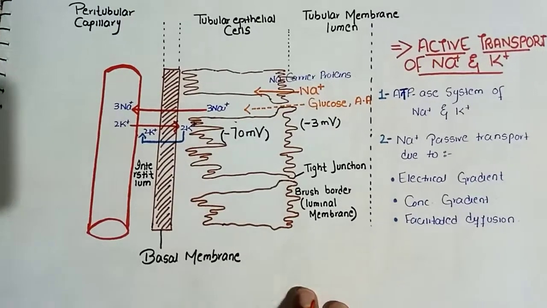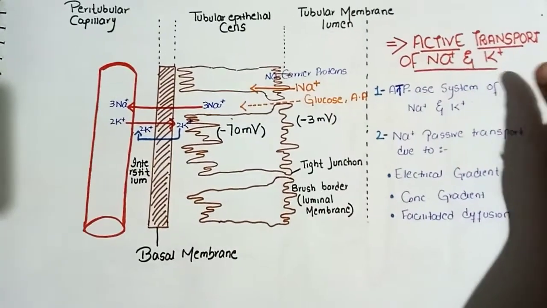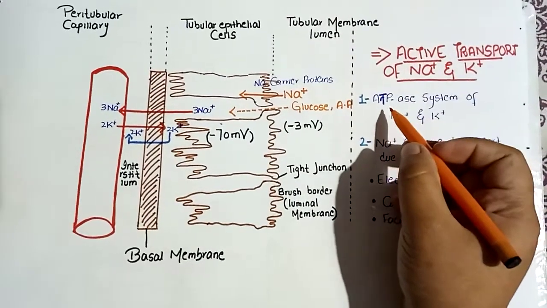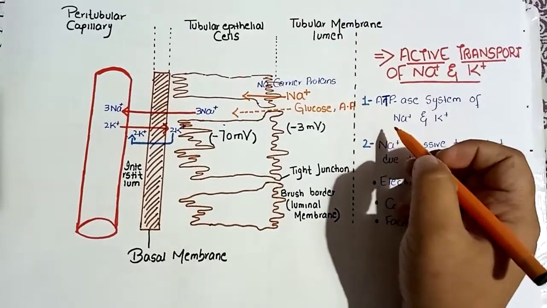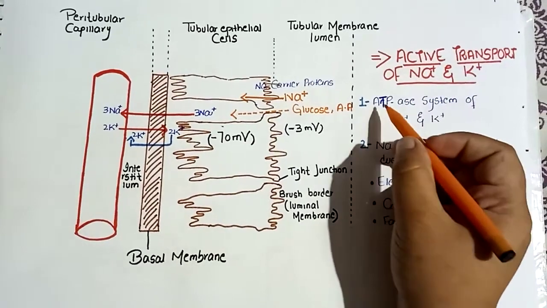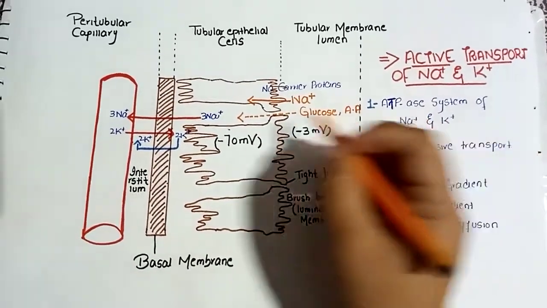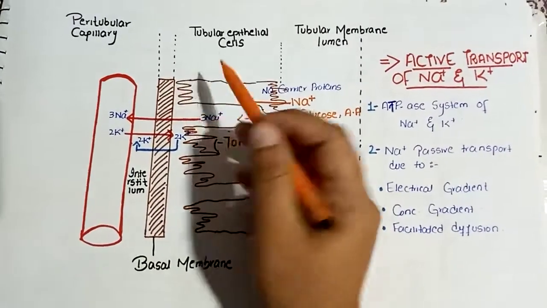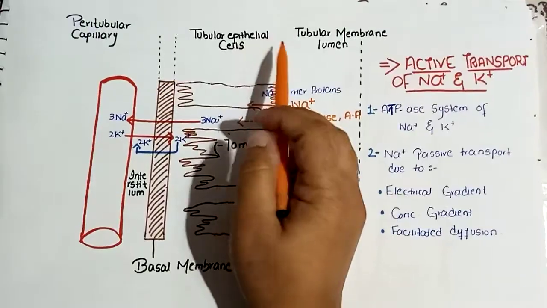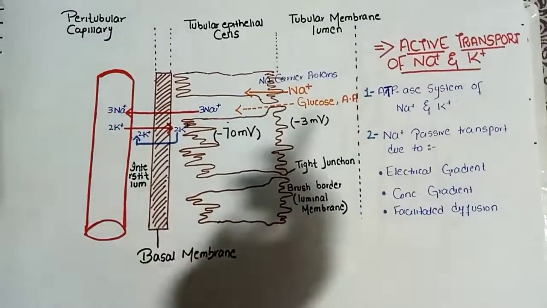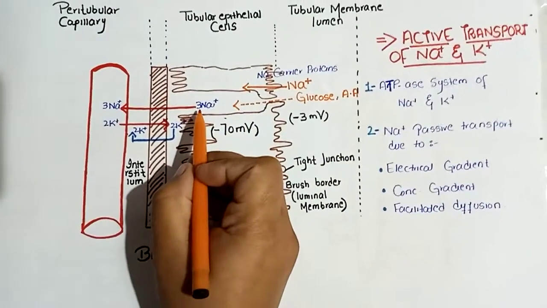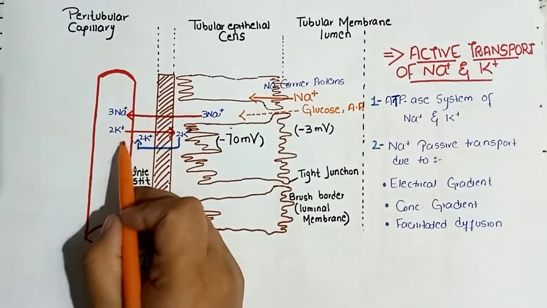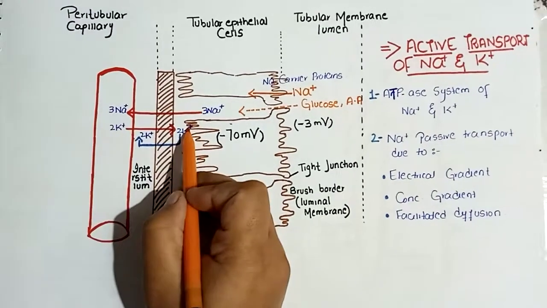Now I will discuss the active transport of sodium and potassium ions. The first step in the transport of sodium and potassium involves the sodium potassium ATPase system, which occurs on the basolateral surface of the tubular epithelial cells. This system transports 3 sodium ions out of the cell into the peritubular capillaries and 2 potassium into the cell.